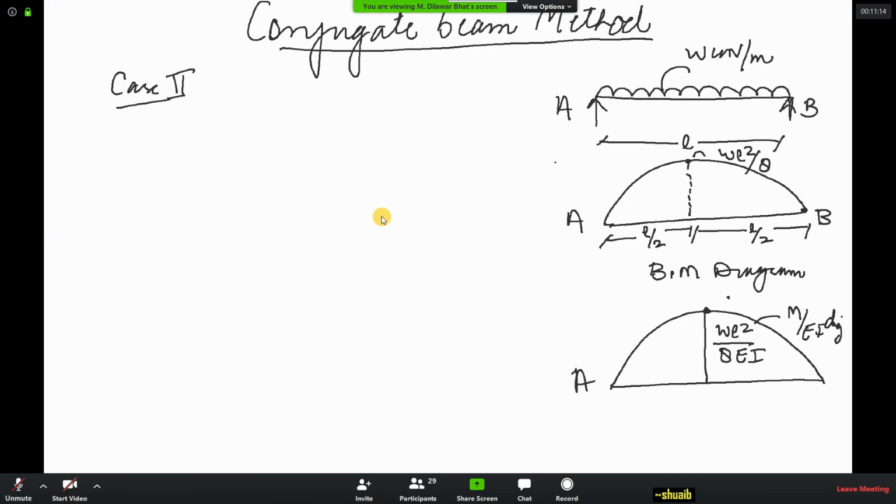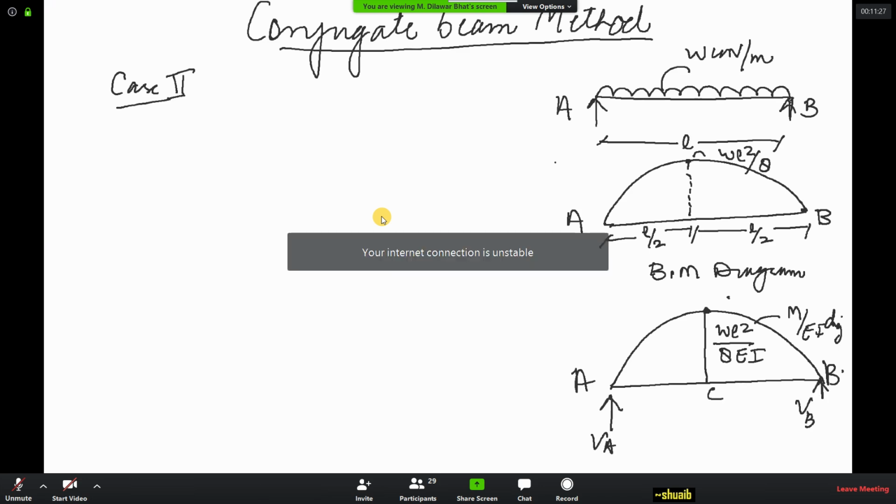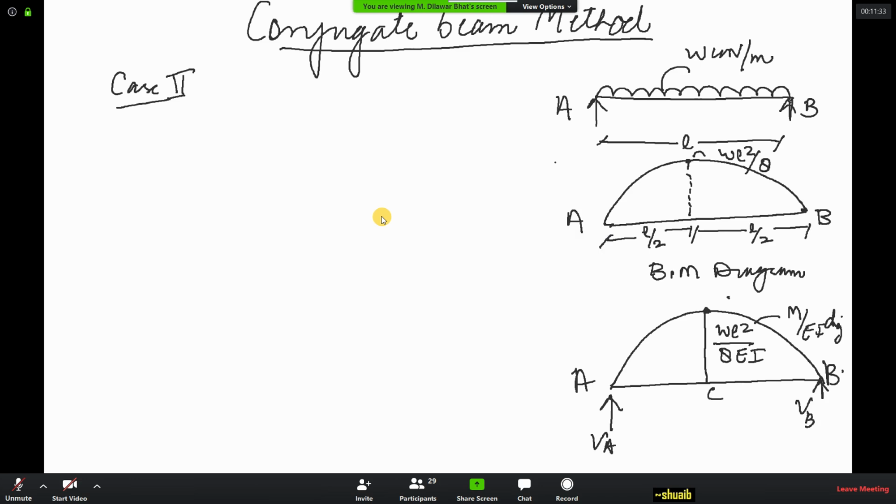This is your point A, this is your point B, and this will be your reaction VB. Now this is called the conjugate beam. This diagram, which was the moment diagram, has now become an imaginary, hypothetical beam, which is also called the conjugate beam.